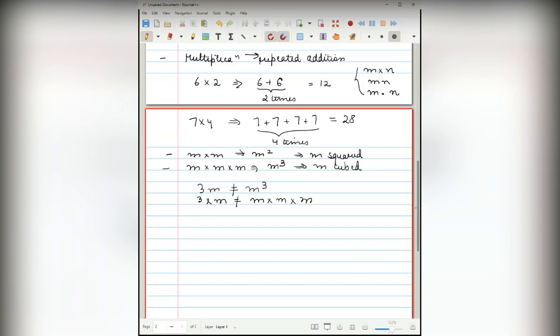So if we have to multiply m k times, this means m raised to the power k. We call it m to the power k.